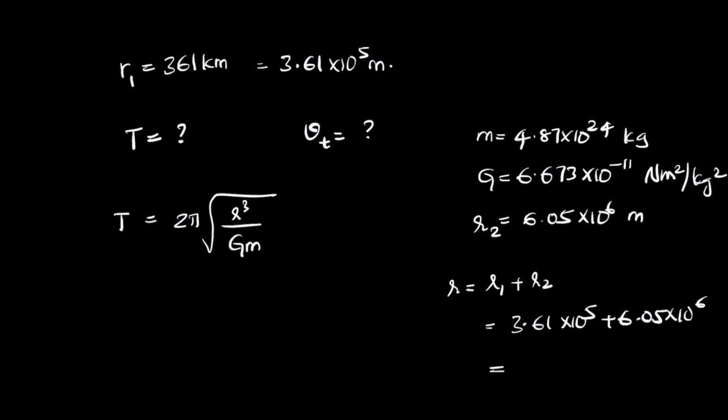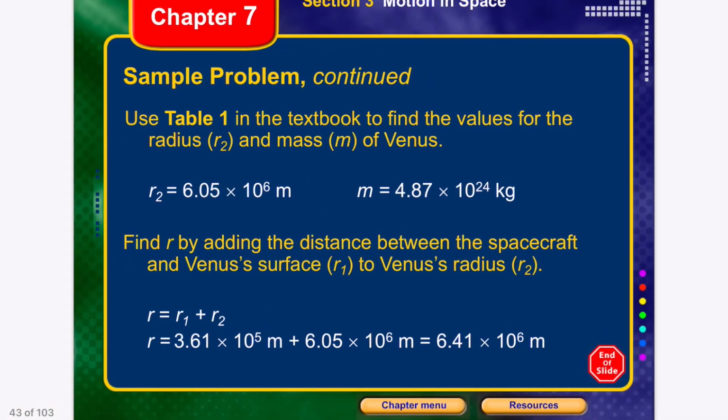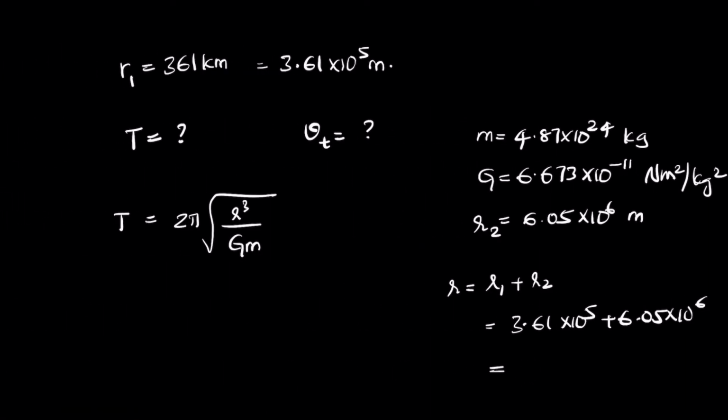So we can calculate this, and this value becomes 6.41 times 10 to the power of 6 meters. So this is the R value.